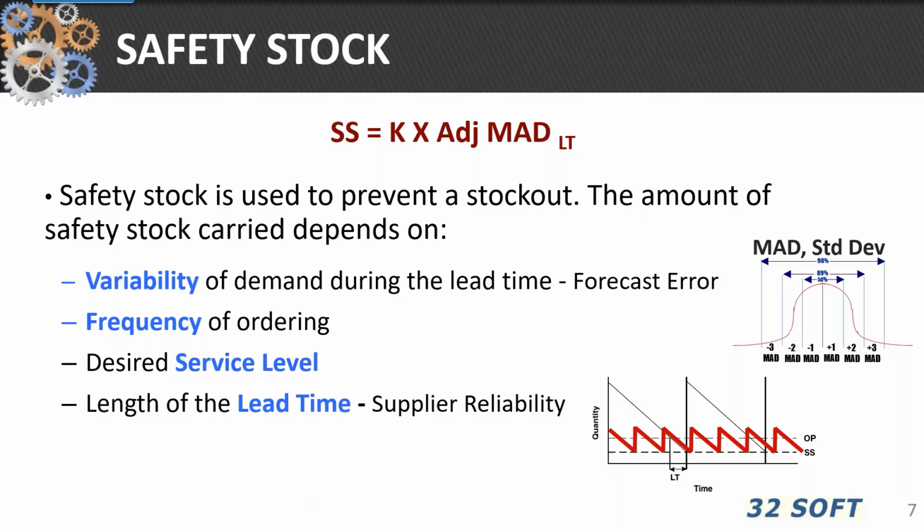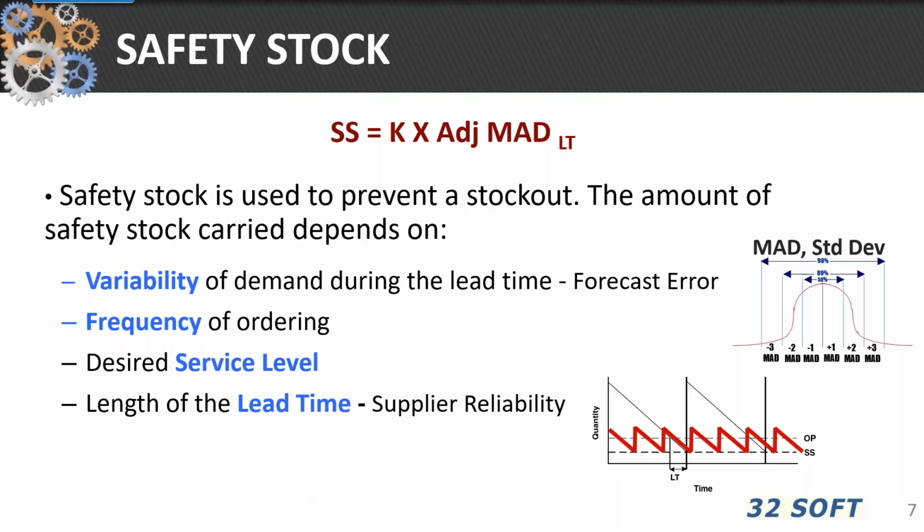The frequency of ordering, in other words, when you're exposed to a stockout, is when demand hits for that customer independent demand. Lead time also is how long it takes you to procure or manufacture the item, and this needs to be taken into account in the calculation of safety stock.